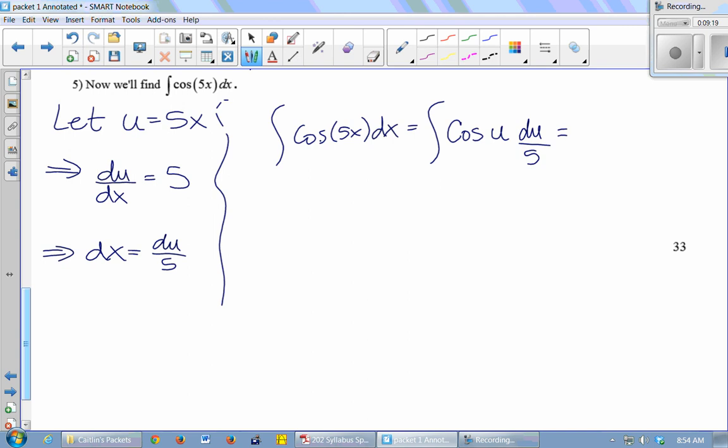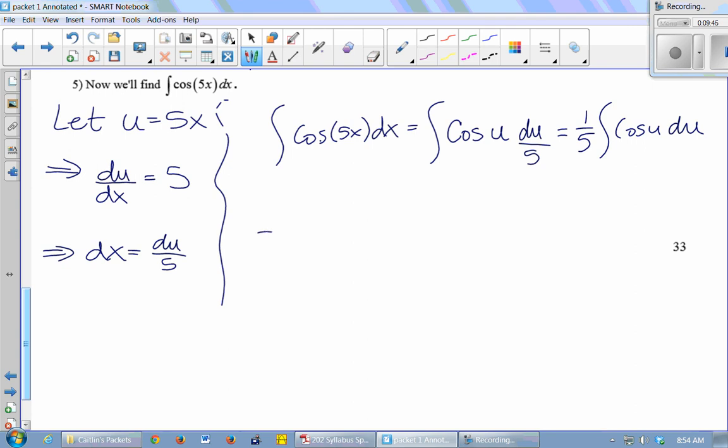And the reason the constant thing didn't matter is because when you have a constant in an integral, you can pull it outside the integral. Right? So I could rewrite this as 1/5 times the integral of cosine u du. Okay, so we have that really nice property of integrals, that if you have a constant within the integral, you can just pull it out.